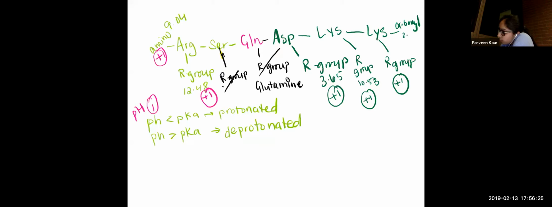Since this is 2.18, what's the charge for it? Would be positive and negative. Is it neutral? Wouldn't it be positive? So we get 1, 2, 3, 4, 5, 6. And you said the answer was 4?